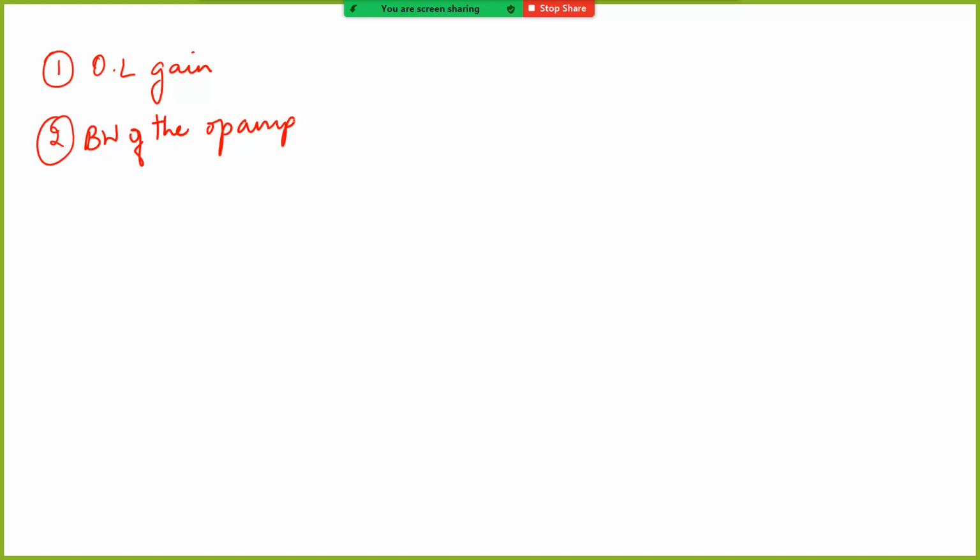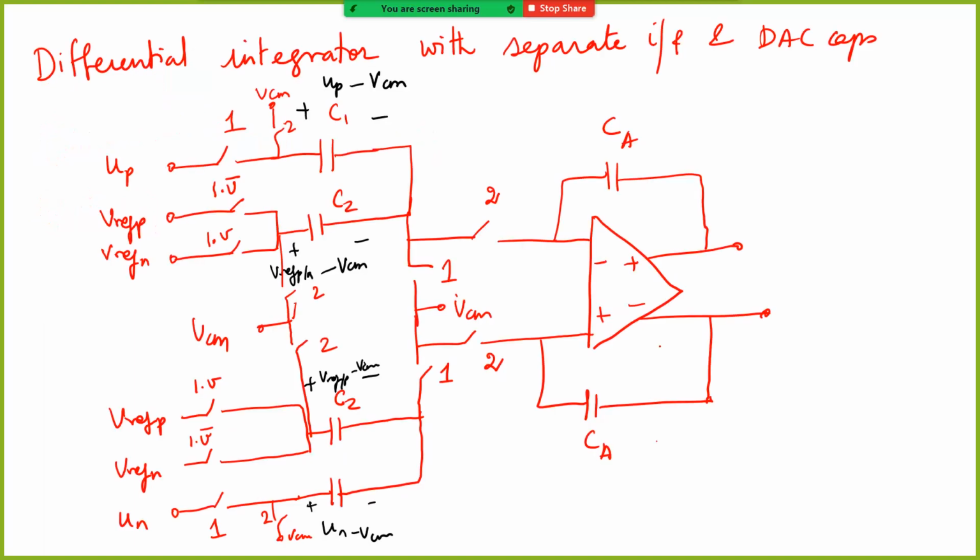Now, bandwidth of the op amp, and thirdly, of course, slewing also. So both of these things will come into picture when you talk about time, right? So let us just first think about it in a more intuitive sense. If you want this whole thing to run at a very high speed, then what should happen?